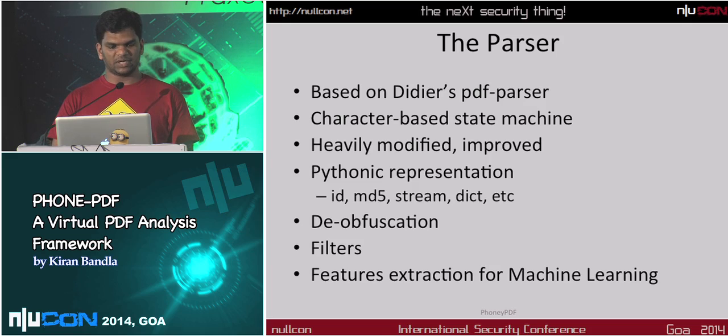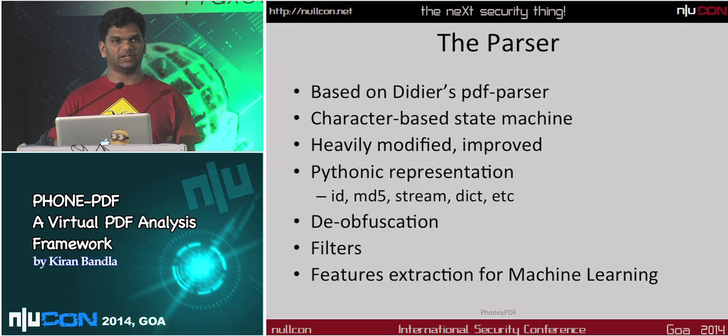DDS's parser actually understands a few of them, but we actually went ahead and added a whole list of filters for PDF objects. And the parser also takes care, while it's going through the whole state machine and parsing out the PDF, it also creates all these features for machine learning.